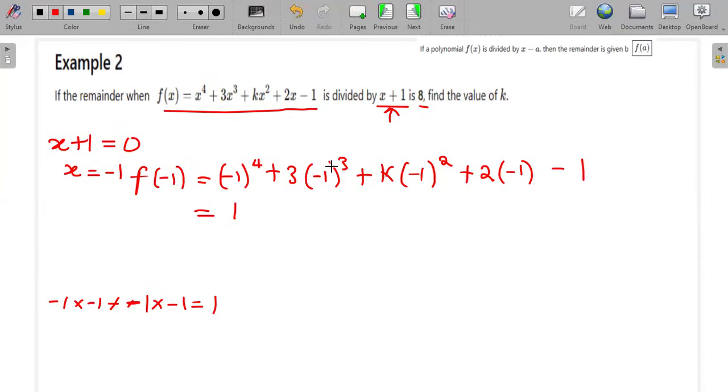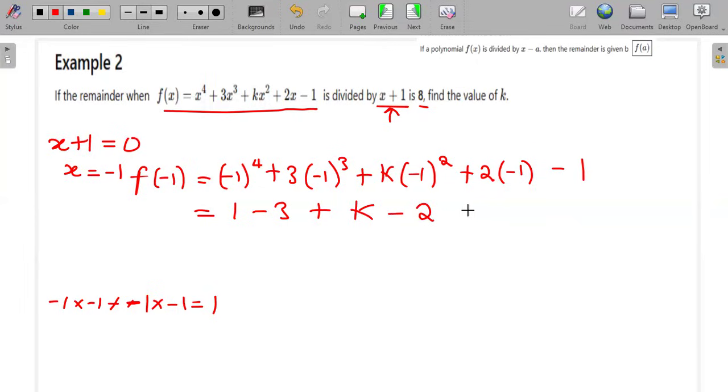And then plus this minus 1 to the power 3, that would be negative 1. Then negative 1 multiplied by 3, that would be minus 3. And then plus here minus 1 to the power 2, that would be positive 1. And then positive 1 multiplied by the k, that would be k. And then 2 multiplied by minus 1, that would be minus 2.